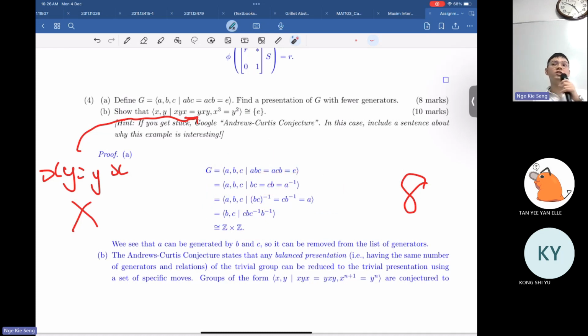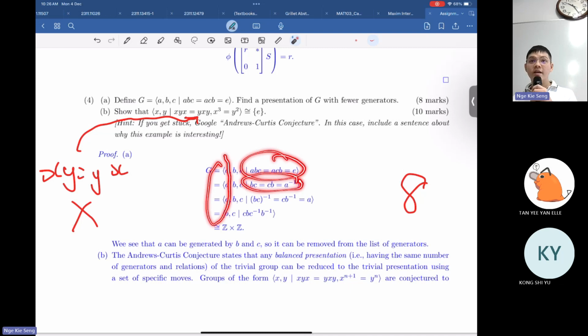We are actually changing the normal subgroup in the presentation by generators and relations. When you change this relation, you are actually changing the normal subgroup. But the claim here is the normal subgroup are all the same.